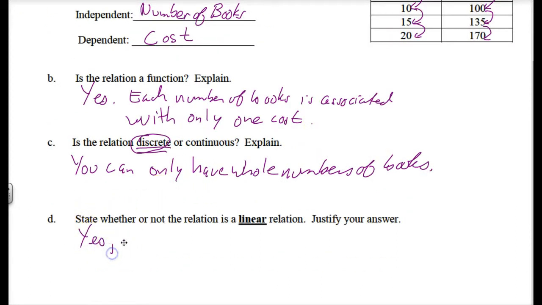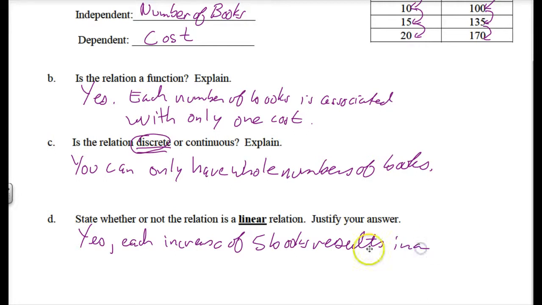Yes, comma. Each increase of 5 books results, I gotta get a grip on this pen, in a cost increase of $35.